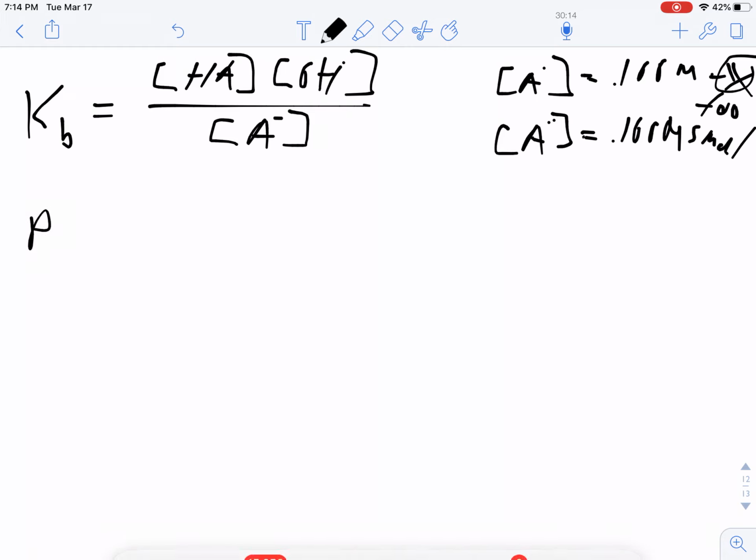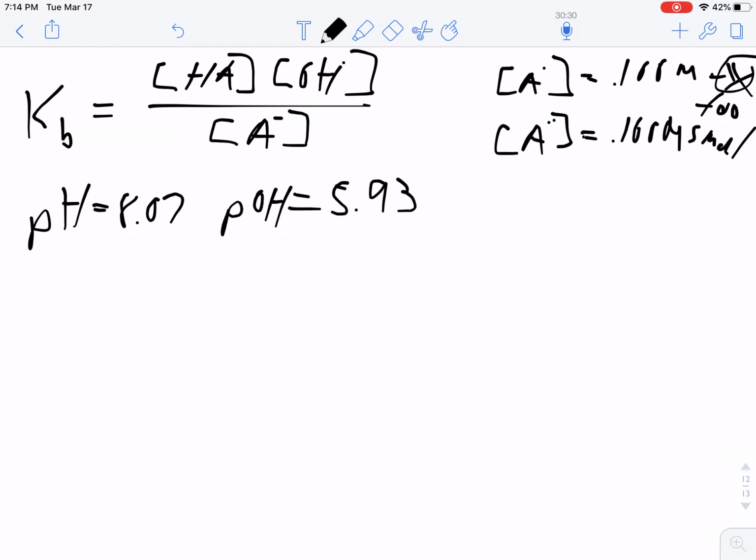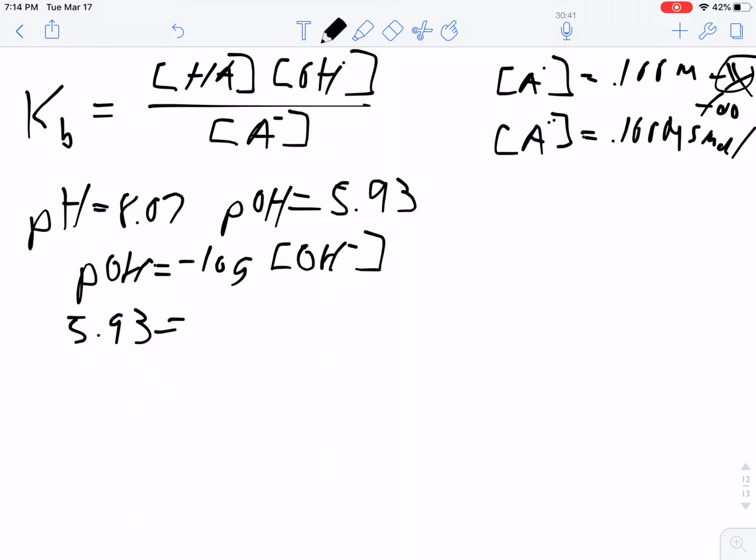They told us the pH was 8.07, which means that the pOH must then be 5.93. So then we can find the concentration of OH minus based off of the negative log.